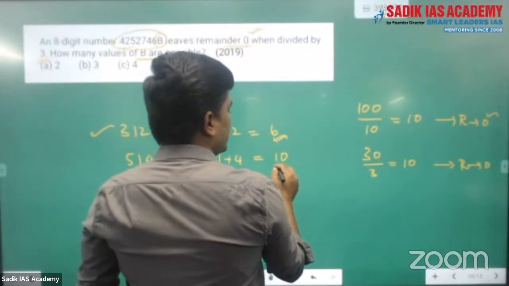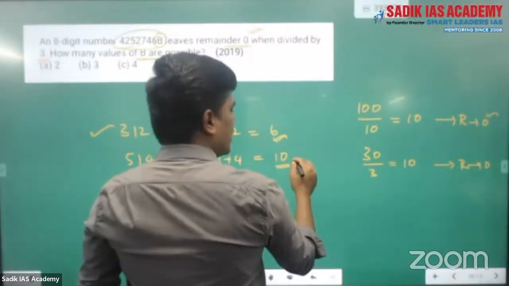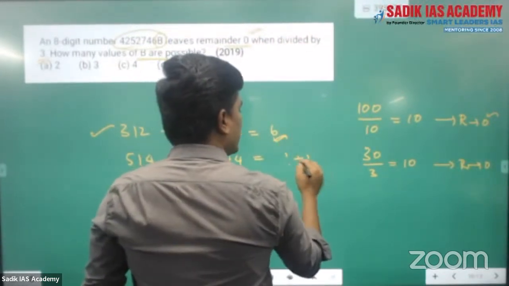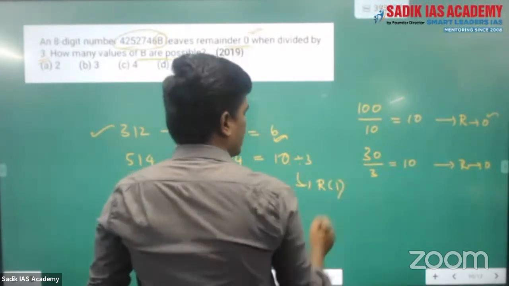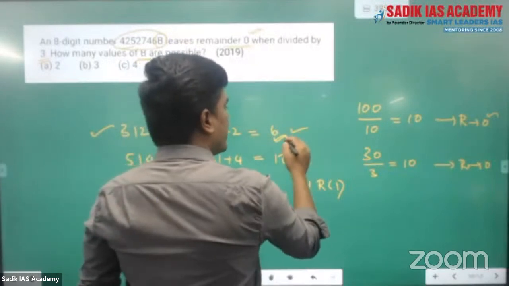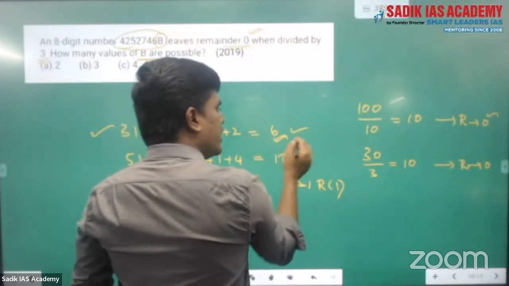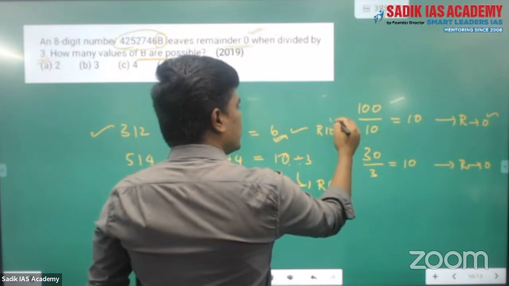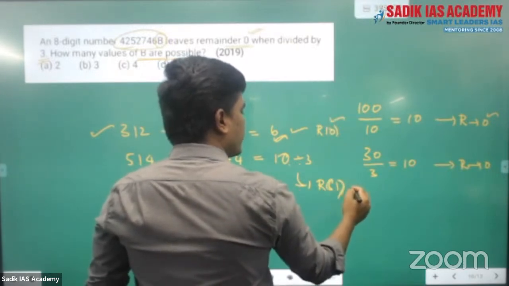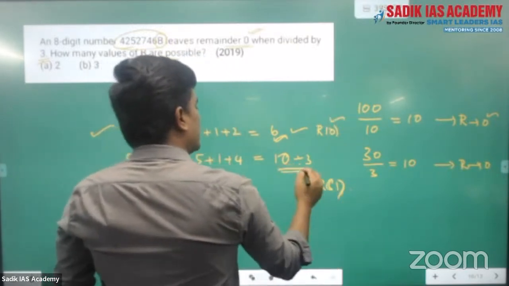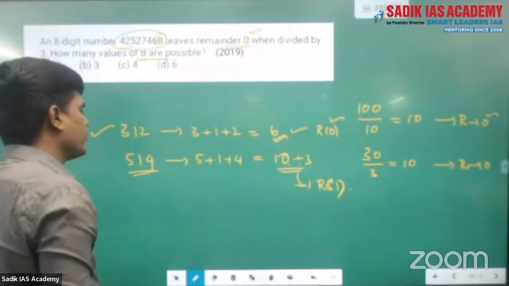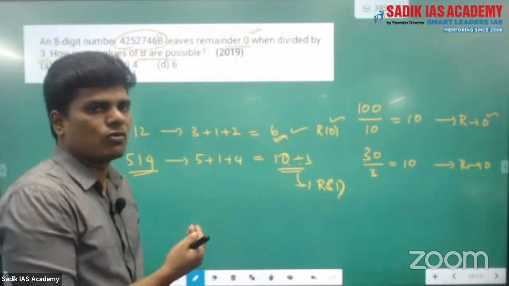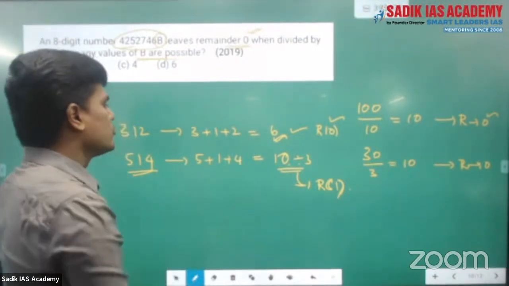When I divide 10 by 3, I'm going to get the remainder as 1. Not like here, where when I divide 6 by 3, I'm getting remainder 0. Here I'm getting remainder 1. Therefore, 10 is not exactly divisible by 3, so this number 514 is not divisible. This you would have studied, so we are going to use this concept only.